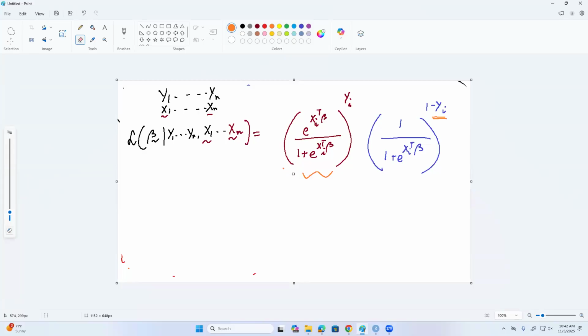And when yi equals 0, this term will disappear and only this term will exist. That is what we want. Therefore, this is your likelihood. And we have n IID observations. Therefore, you take the product over i equal to 1 to n.